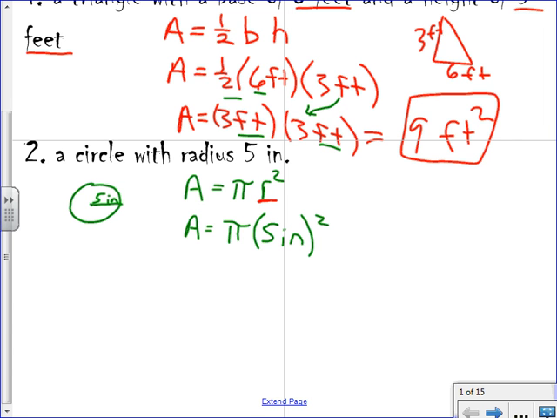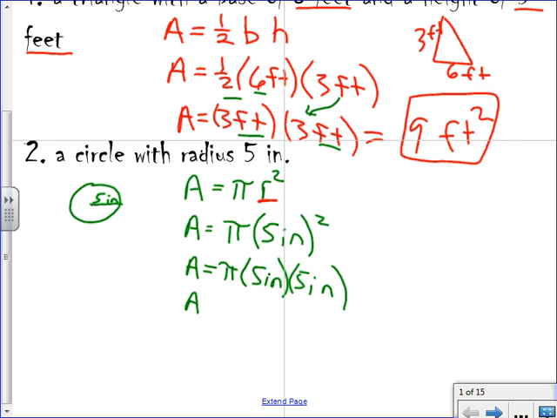Once again, when we multiply 5 inches times 5 inches, this is the same as saying area equals pi times 5 inches times 5 inches. 5 times 5 is 25, and inches times inches is inches squared.